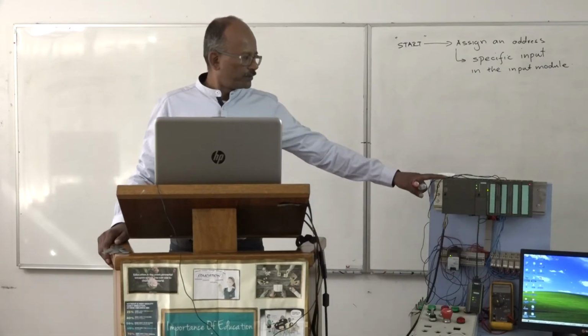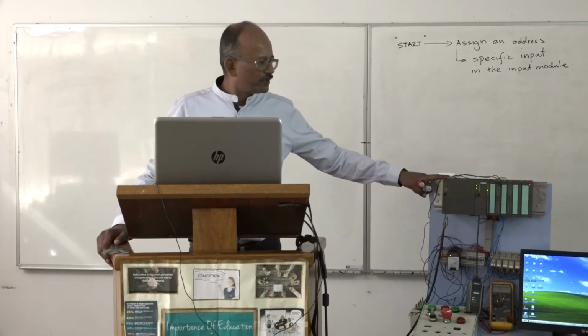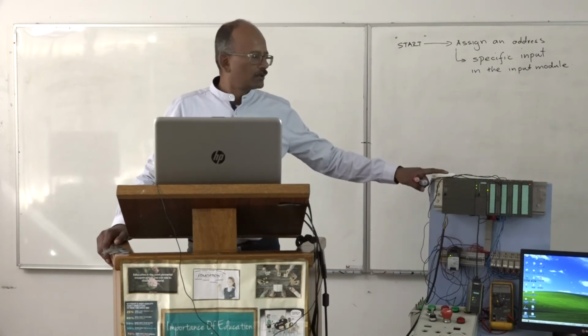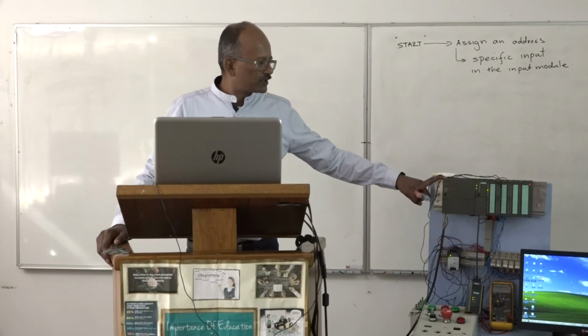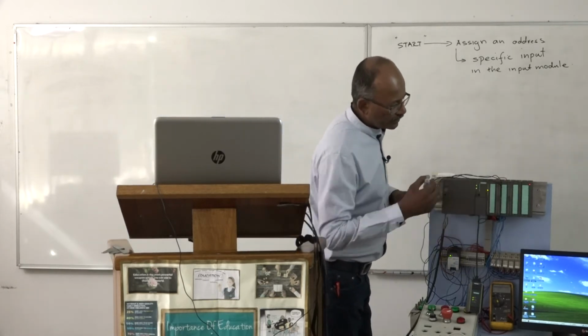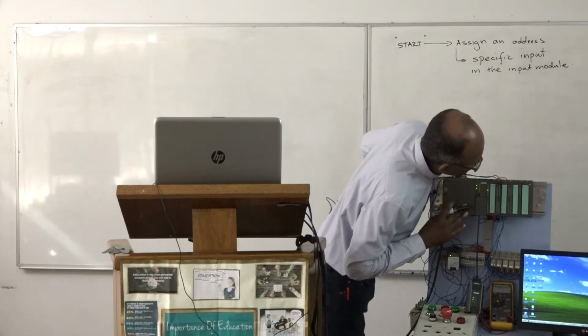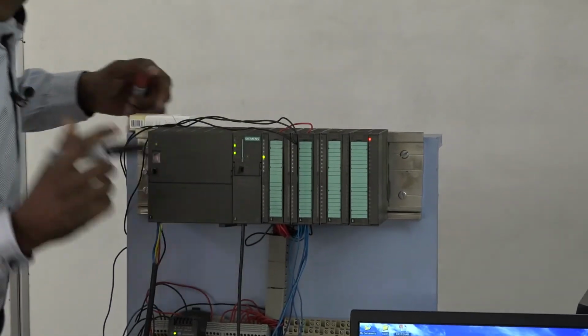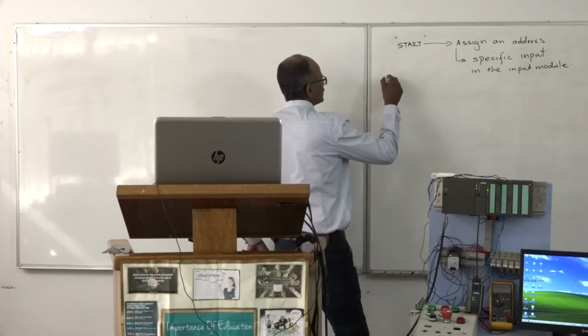For this particular PLC, I'm just going to discuss this briefly so you have an understanding of your input and output addresses. I mentioned earlier on that it says here that it's a DI32 DC 24 volts.